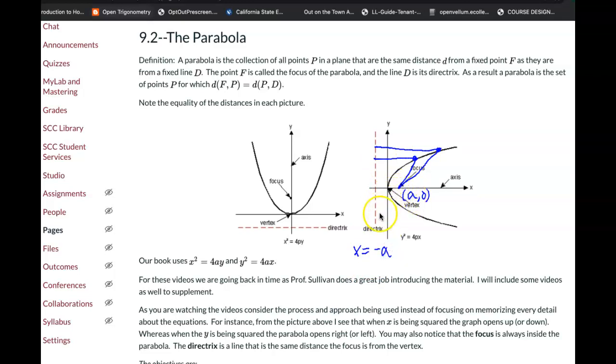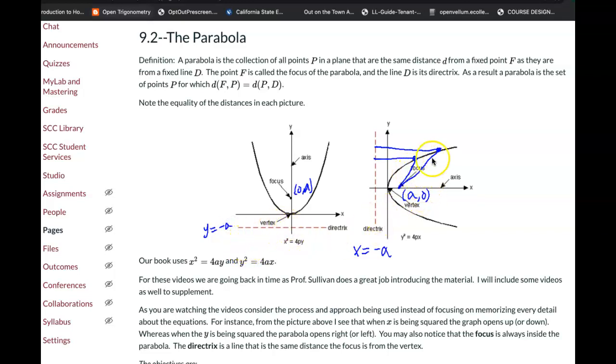What we know from these pictures, and hopefully reading down here as well, is that the distance from the focus to the vertex is the same distance from the vertex to the equation of the line of the directrix. So if the focus is (a, 0), the directrix is going to be x = -a. Over here, your focus would be (0, a), and your equation for the directrix would be y = -a.